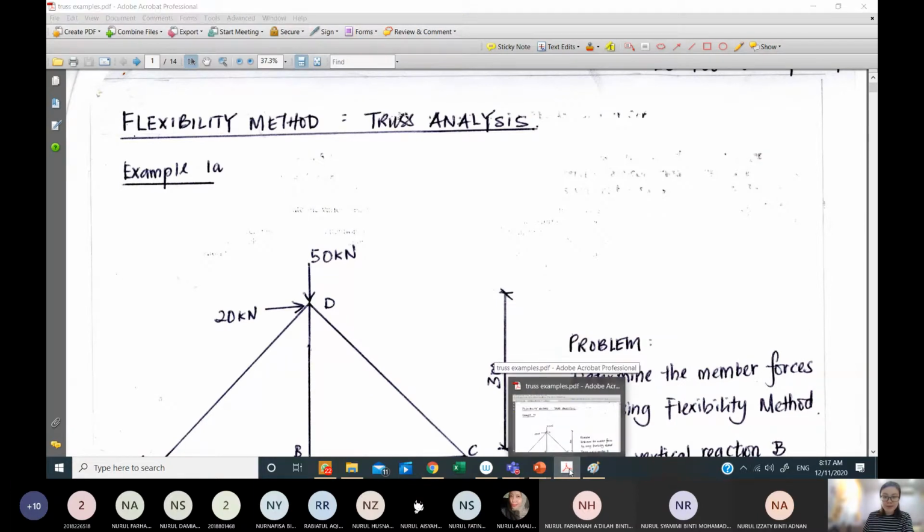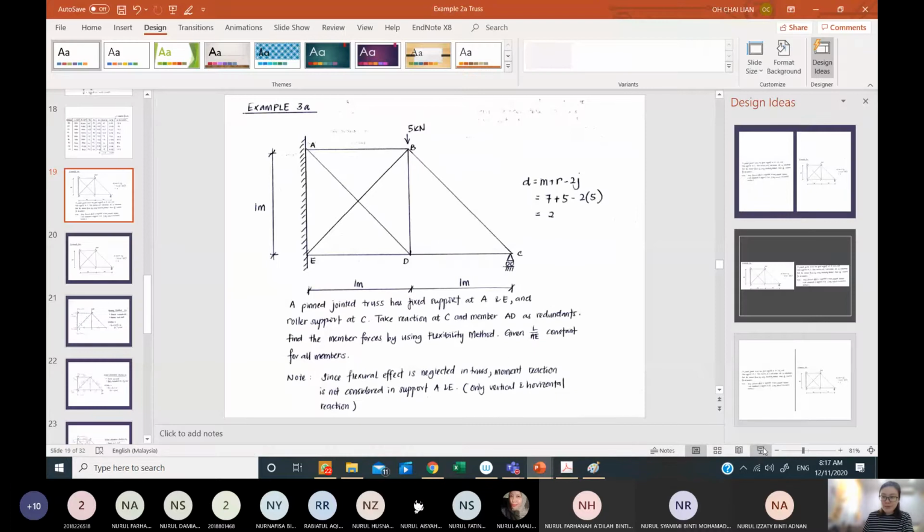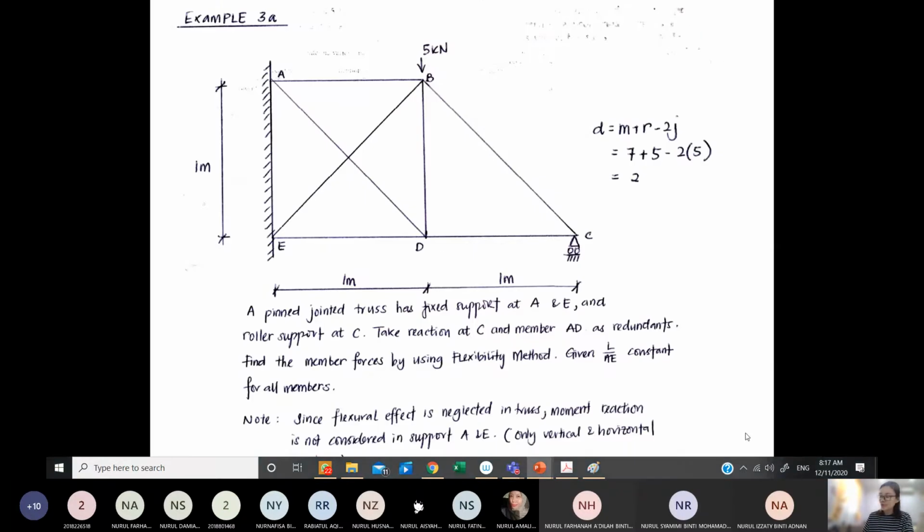You can download my notes. Now I'm sharing with you how to solve example 3A. Can you see my example 3A, class? Yes, doctor. Okay, thank you.